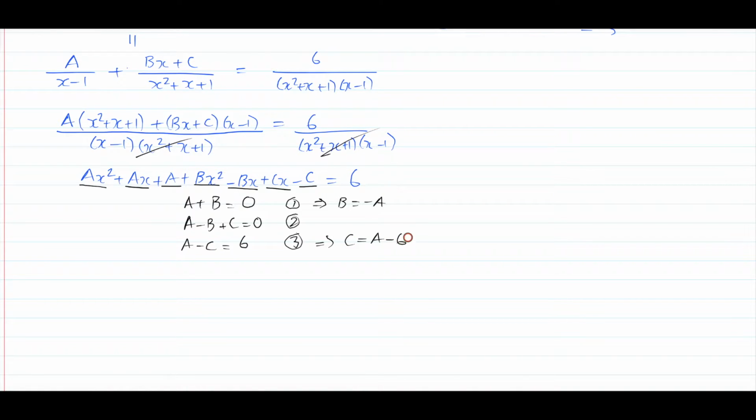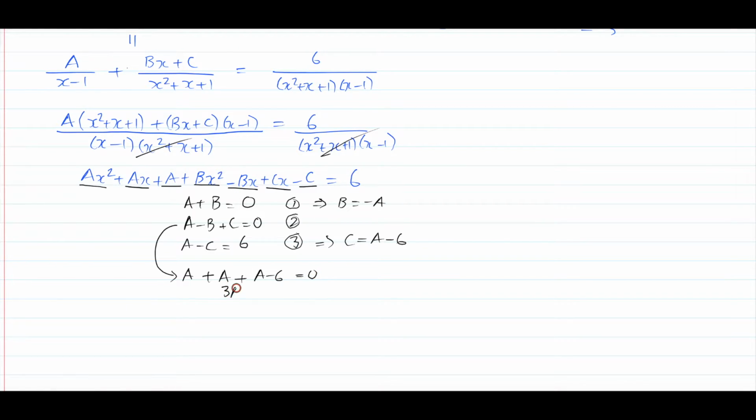After that, I can sub in these 2 new equations into number 2, and then make everything in terms of a. This second equation right here is a minus b. Minus b would be positive a, right? So it's a plus a plus c, c is a minus 6, and of course that is equal to 0.